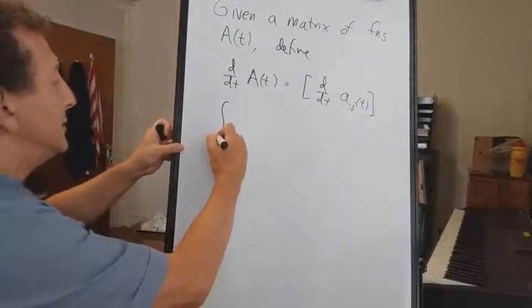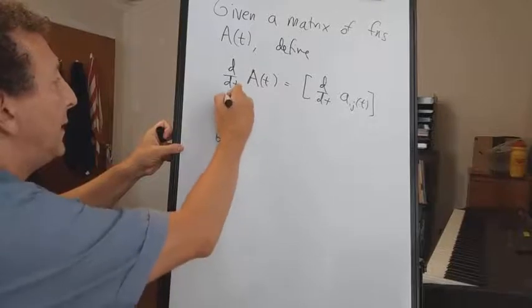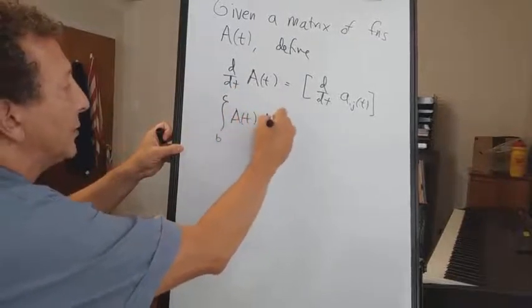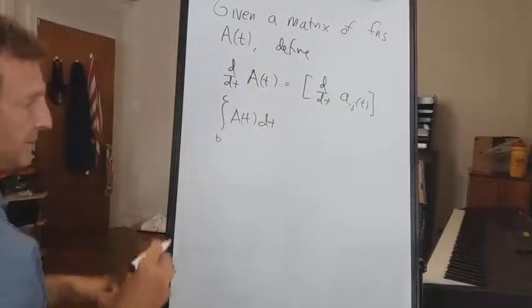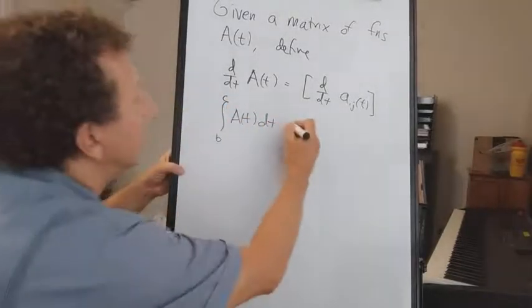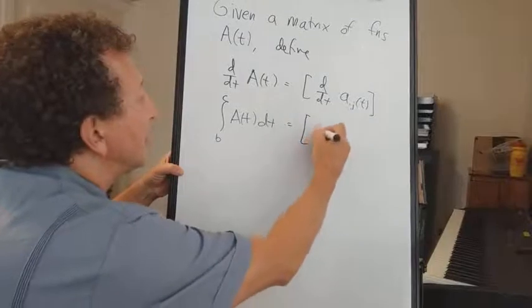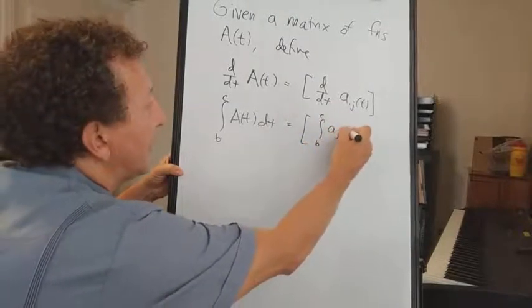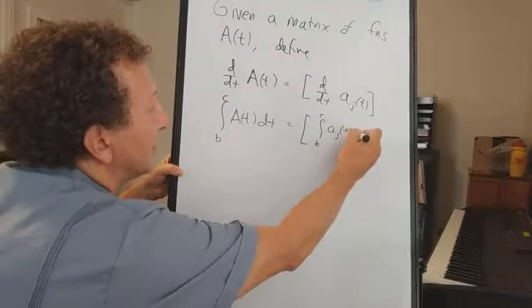Similarly, we'll define the integral of A of t, say from B to C, to be the matrix whose ij entry is the integral from B to C of what the ij entry of A was.